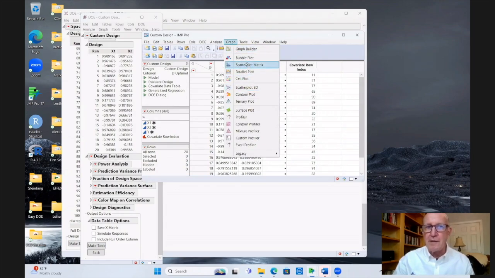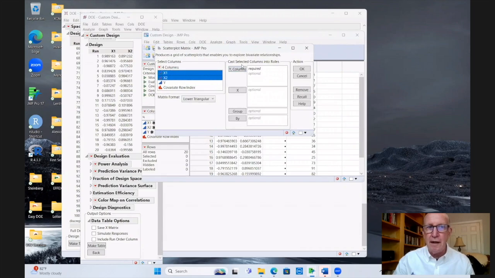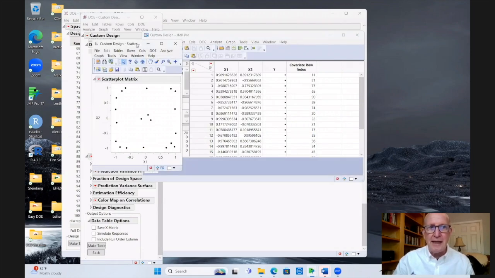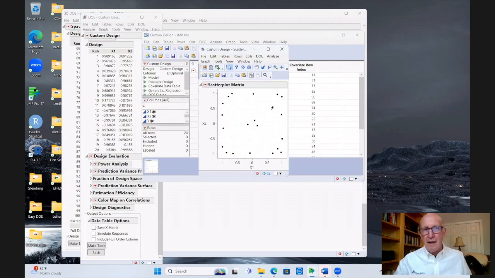And so I'm going to do the scatter plot matrix. And we can see now that we have a design that's not uniformly space filling, but it has a whole lot of levels of both factors, and at the same time, though, it's quite efficient from a variance standpoint.